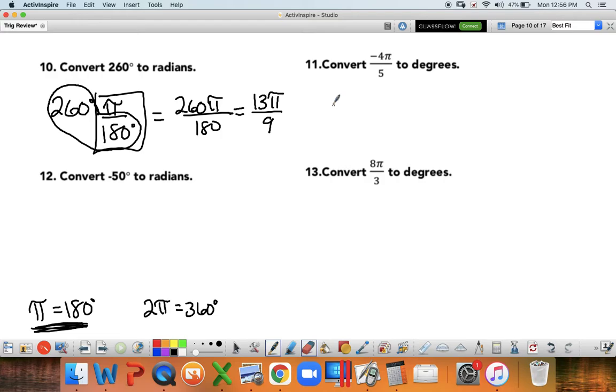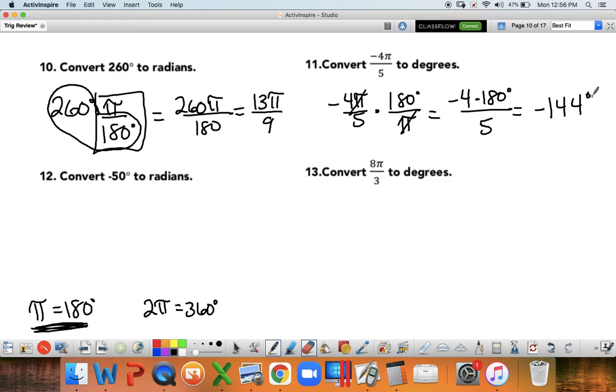When converting from radians to degrees, I multiply by the reciprocal, 180 over pi. My pi's cancel out, so I wind up with negative 4 times 180 divided by 5, and when I do that on my calculator, I get negative 144 degrees.